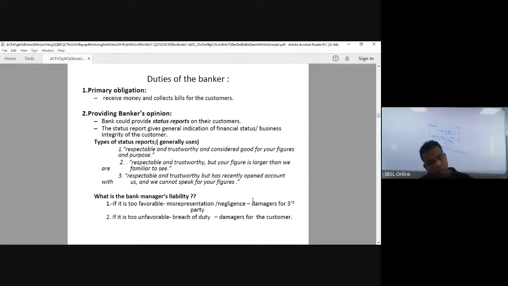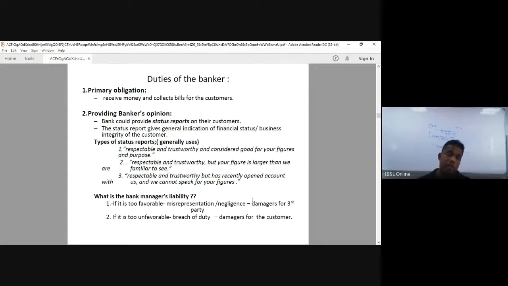In other words, a bank cannot say that we will allow our customer to open an account, but we are not allowing you to issue checks. If it is a current account, it is a right of the customer to issue checks.